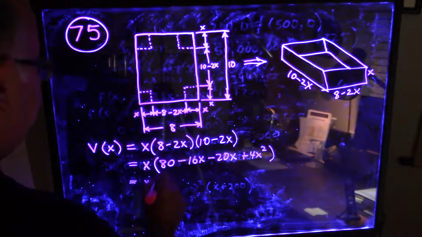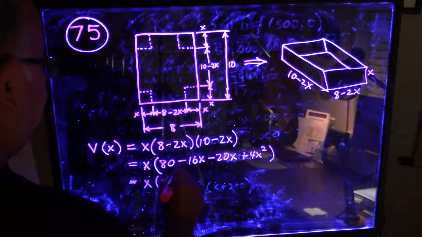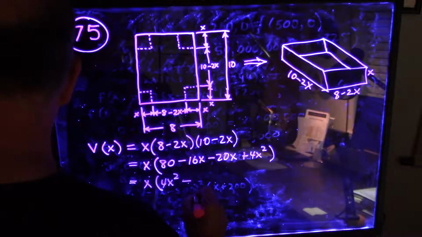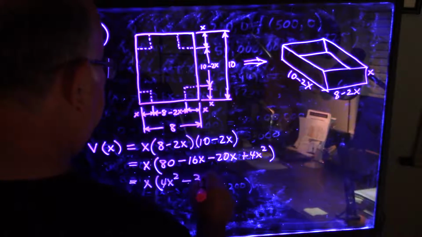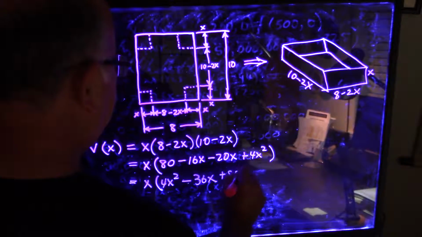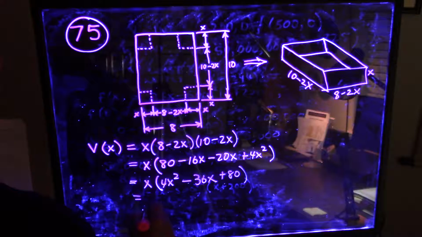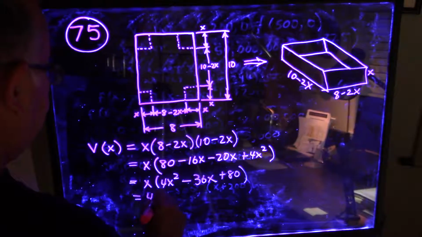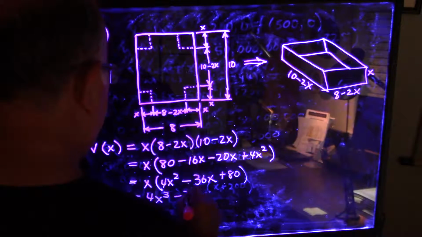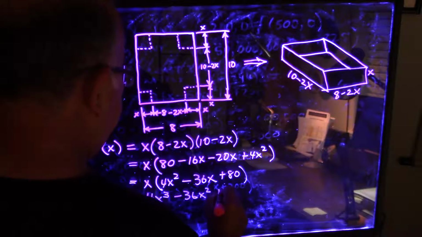I'll do that next. I'm putting it in descending order of powers here: 4x squared minus 36x plus 80. And then you can multiply the x through, distribute that x. You get 4x cubed minus 36x squared plus 80x.